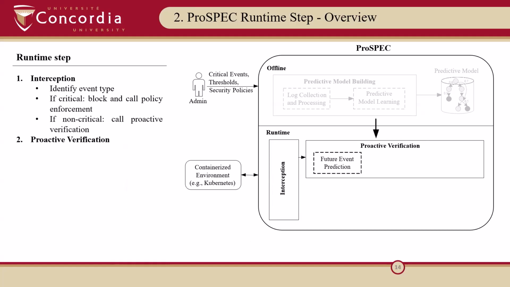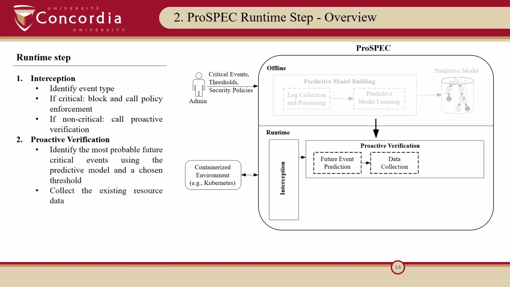First, we need to predict the future event. Then, using the predictive model that we built earlier, we're going to collect the data in advance in the cluster based on that event. And we're going to build the watch list, which contains the verification results that will be used if the critical event that we predicted actually happens.